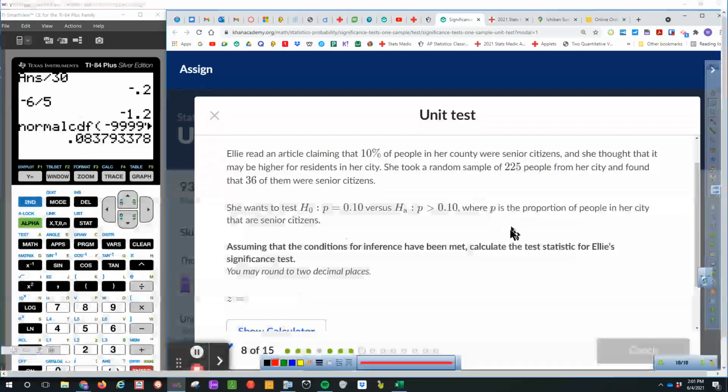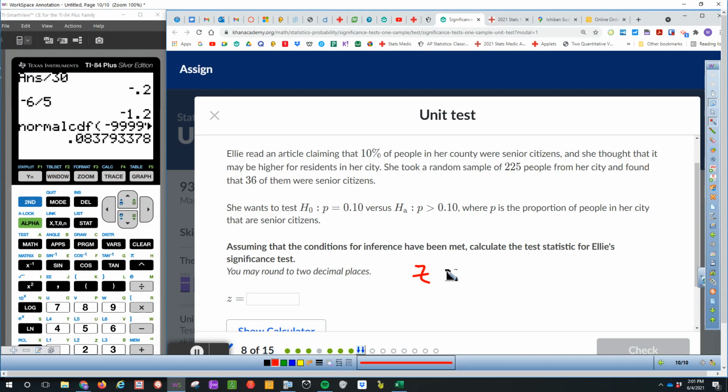So the test statistic z is x minus mean divided by standard deviation, but we're not using x, we're using p hat. So p hat minus p divided by the square root of p times 1 minus p divided by n.